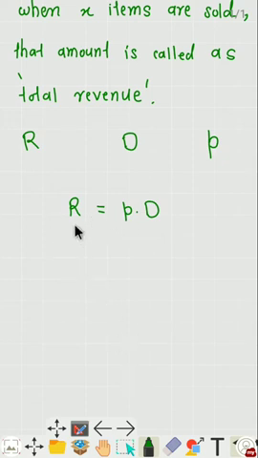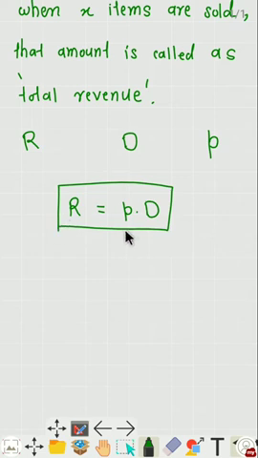Then the total revenue is R. So this is the definition for the total revenue function R.